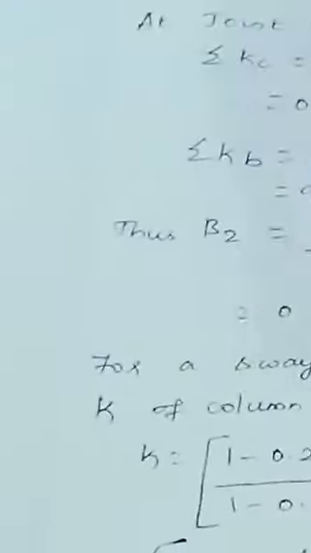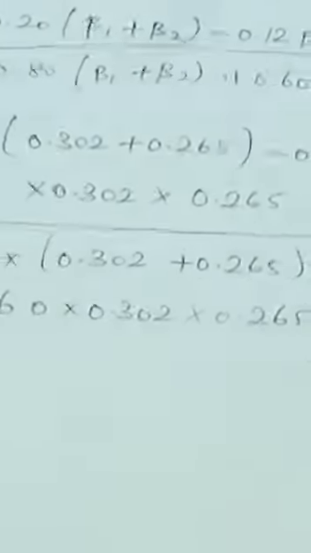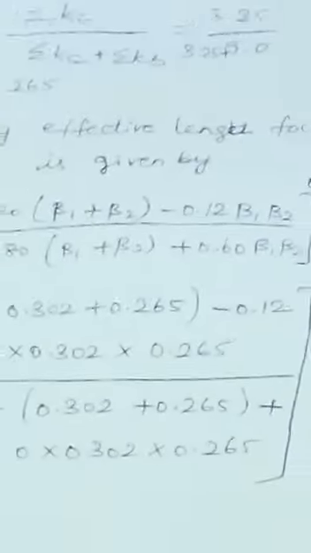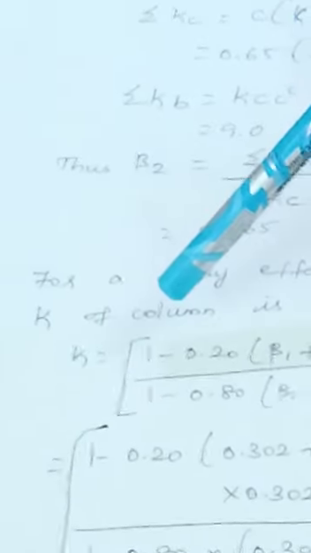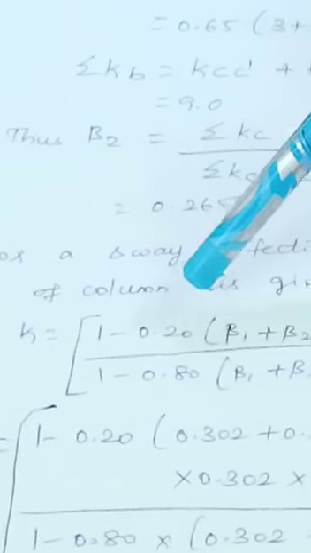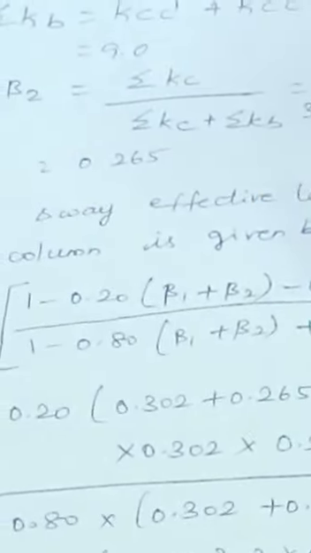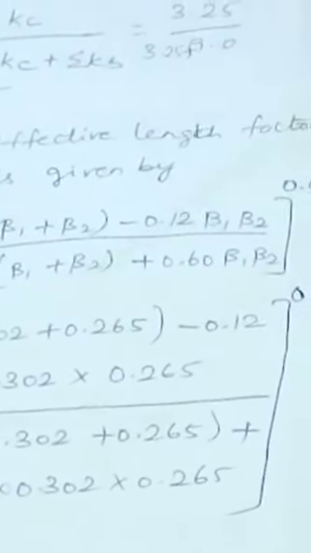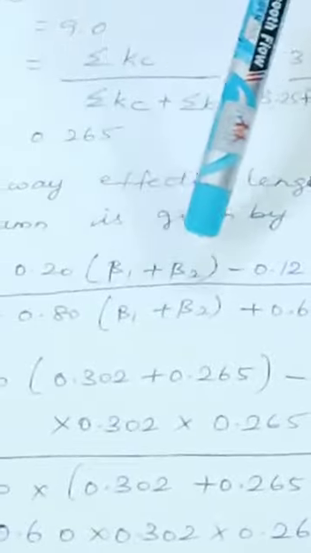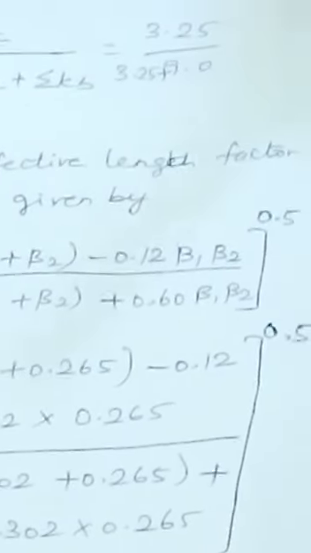Coming to the effective length factor of the column, as discussed earlier in IS 800 2007 page number 122, the same formula is available for the unbraced sway column: K = [(1 − 0.2(β1 + β2) − 0.12β1β2) / (1 − 0.8(β1 + β2) + 0.6β1β2)] whole power half. That means the root of this value. Now we know the values of beta 1 and beta 2 for the column BC given in the question.